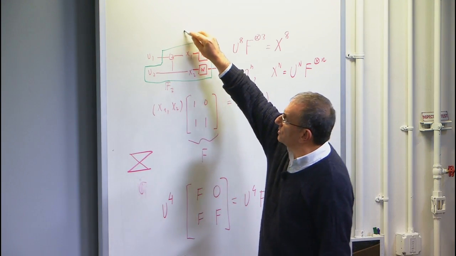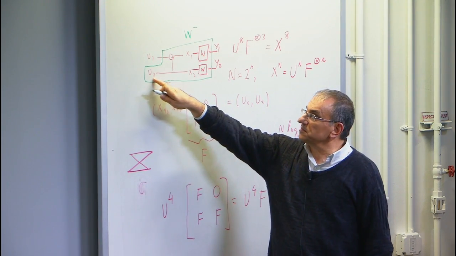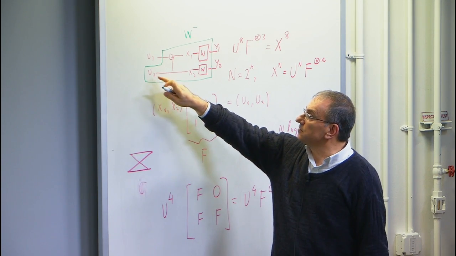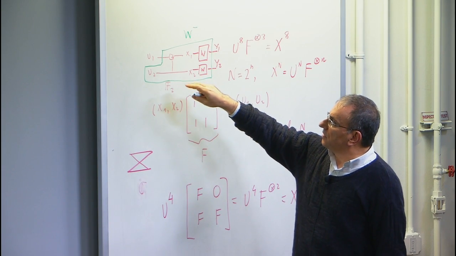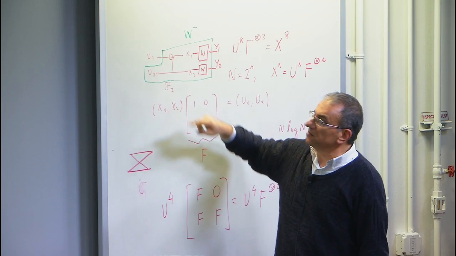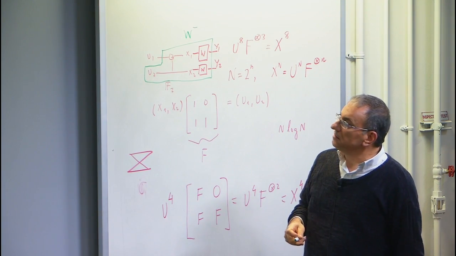This is the W minus channel. This one is treated as complete noise, 1/2 zero, 1/2 one in probability. And then after you do your decoding on W minus, you gain access to the W plus channel.